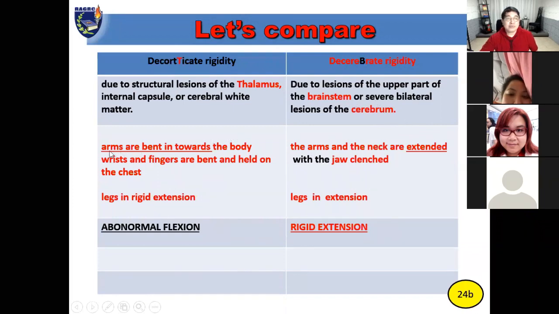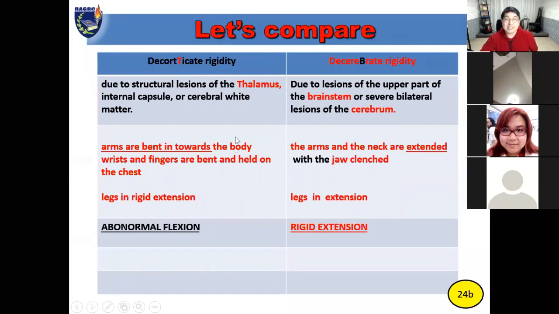Next, in terms of the arms, in decorticate, bent towards the body with the wrist and fingers held onto the chest, bent towards the body, adducted. In terms of decerebrate, the arms and the neck are extended. See, the neck with the jaw clenched. Okay, here arms are adducted, here arms are extended. Okay, legs in both positions are in extension.